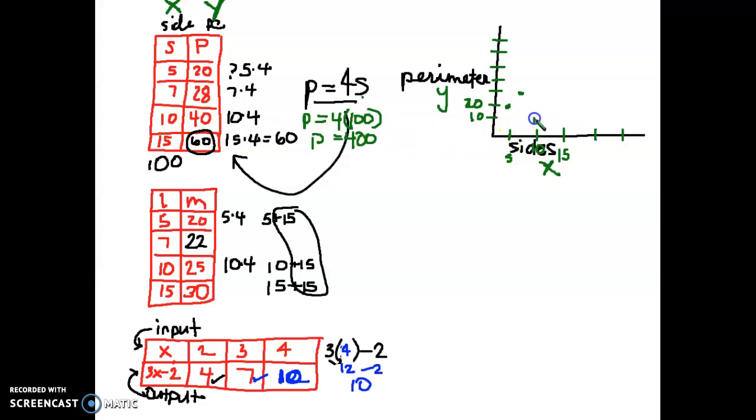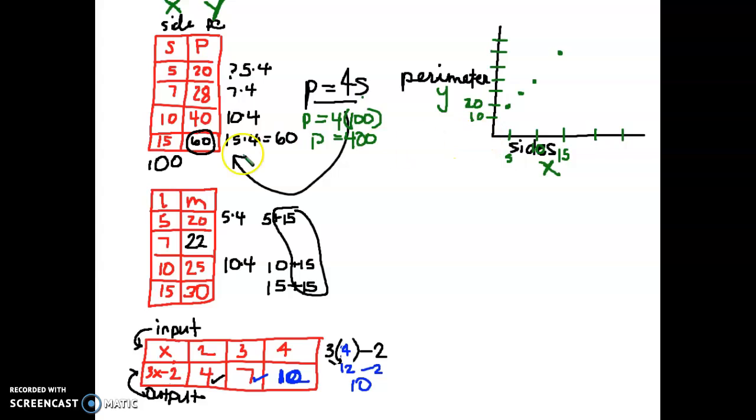Sorry about that, we'll erase that one because that doesn't count. So when sides are 10, your perimeter is 40, so we go up to 40. And then when our sides are 15, our perimeter is 60. So it's about right there.